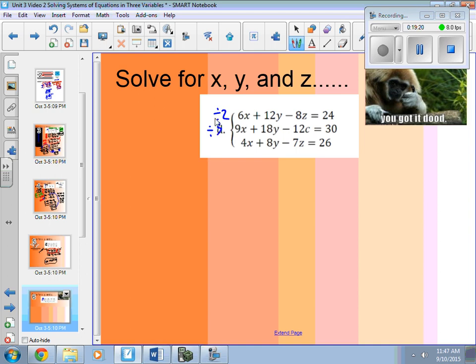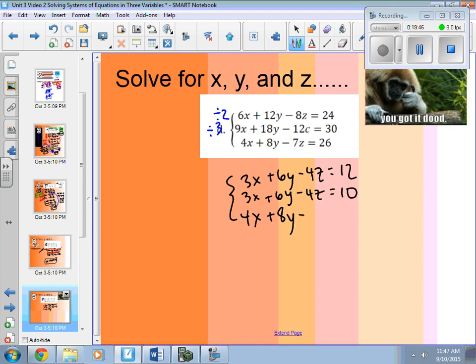The bottom one, we're not able to divide by 2 because 7 is an odd number. So let's go through and divide. And you end up with this.